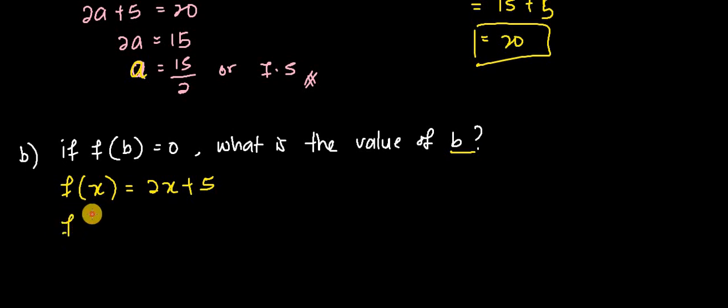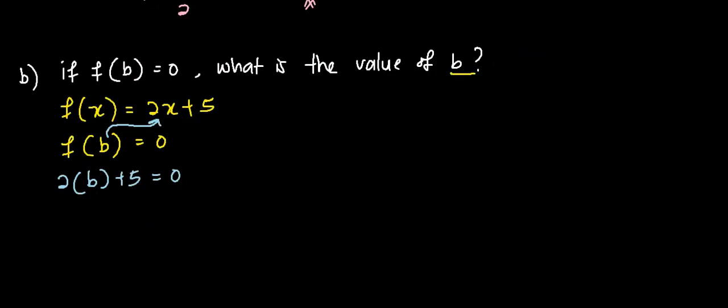So again, I'm going to just substitute the b value into this equation, and this equation will equal 0. So which means 2 bracket b plus 5 equals 0. Once this is there, I will get 2b plus 5 equals 0, 2b equals negative 5, and b I would get negative 5 over 2. So this is the value of b.